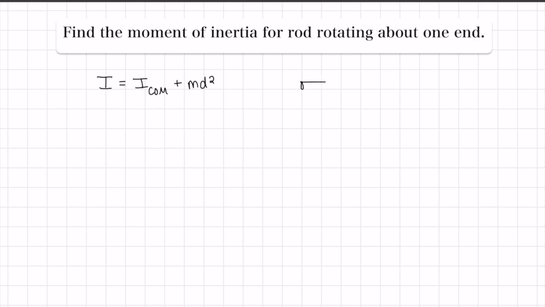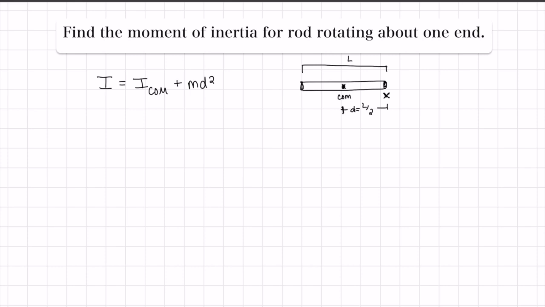So for a rod of length L, instead of the center of mass, we're going to be looking at rotating about one end. So this will be d equals L over 2.